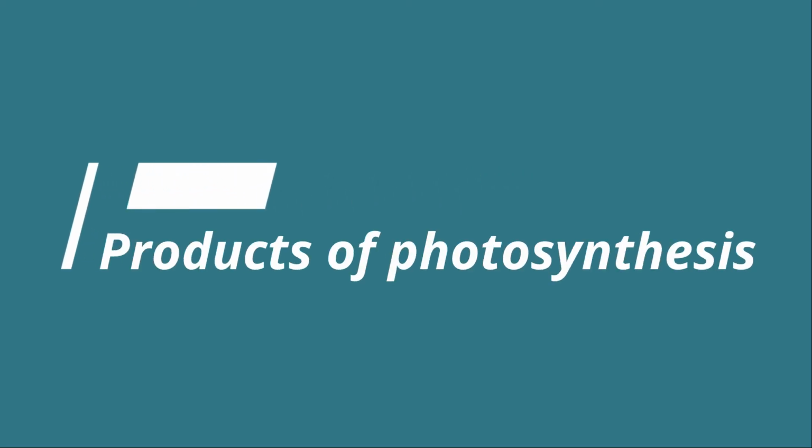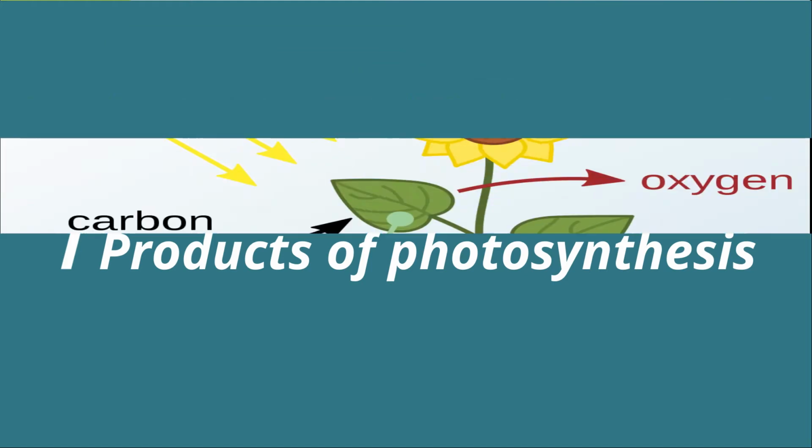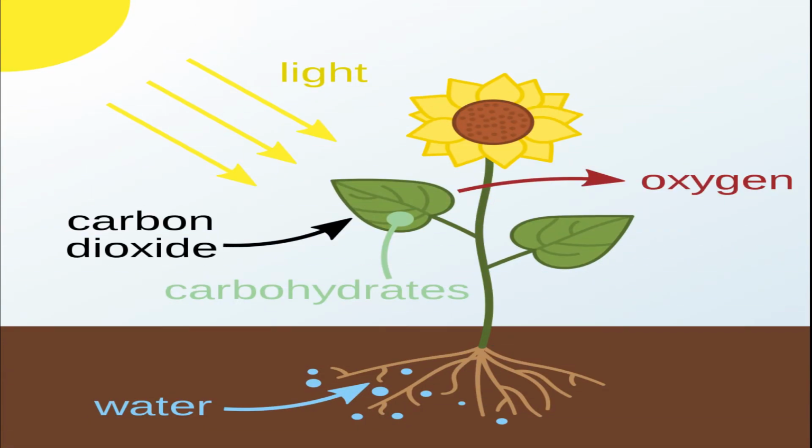Product means a thing or substance that we get after the processing. During photosynthesis, plants prepare their own food using water and carbon dioxide in the presence of sunlight and produce oxygen and food.